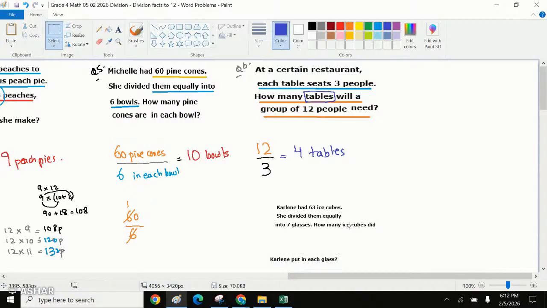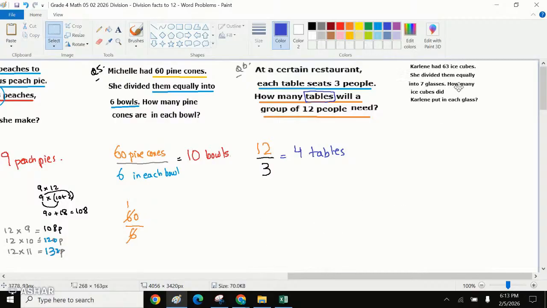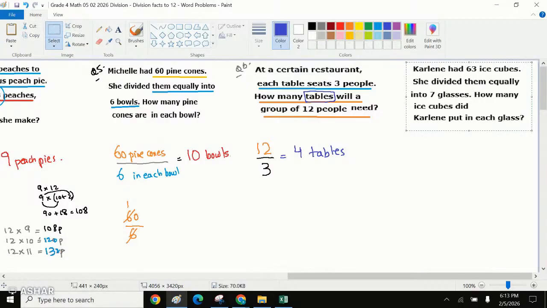How many ice cubes did Carlene put in each glass? This is our question number 7. Carlene has a total of 63 ice cubes. She divided them equally into 7 glasses.